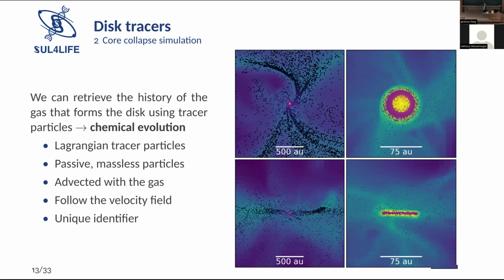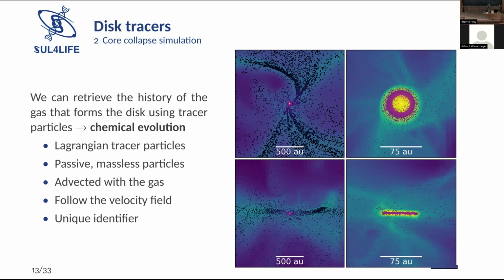Now we can play with tracer particles. We can apply the same criteria to the tracer particles and call these tracer particles disk tracers. Here, for example, you see the cloud of tracer particles in the simulation, and we are interested in the ones that form the disk at the end of the simulation, to check where they come from and what kind of properties they have during their history.